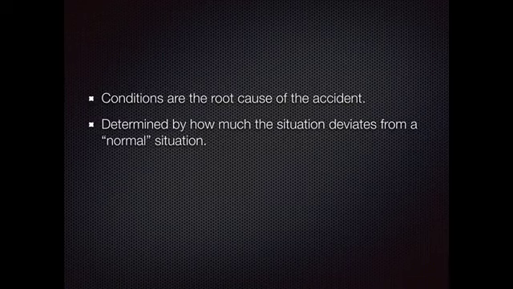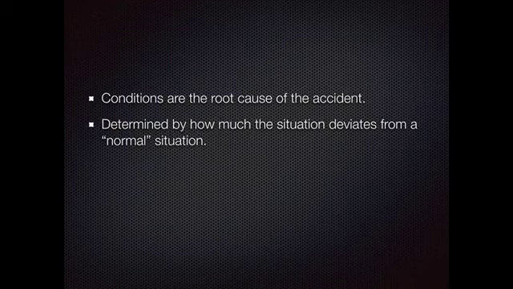These sorts of circumstances can be determined by how much the situation deviates from a normal situation. What is a normal situation, of course, requires clarification. When we're talking about the conditions which make an accident, it can sometimes be difficult to know what normal is.